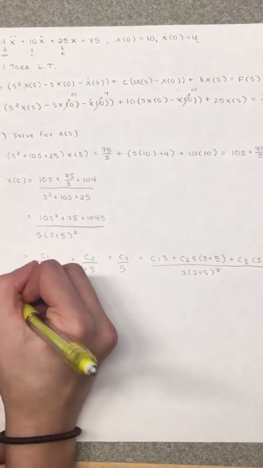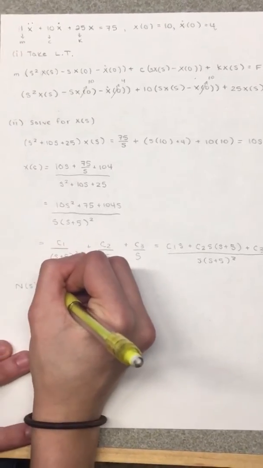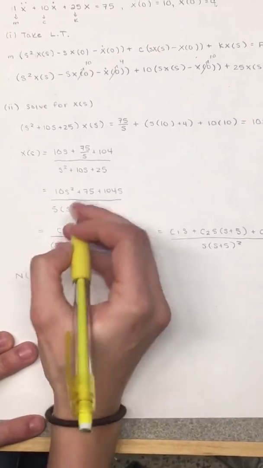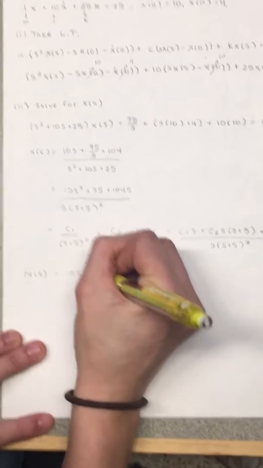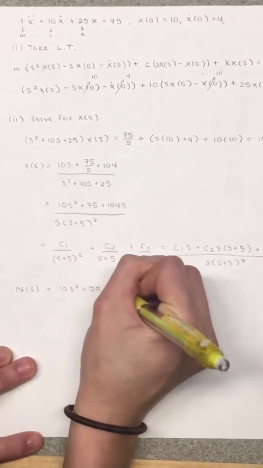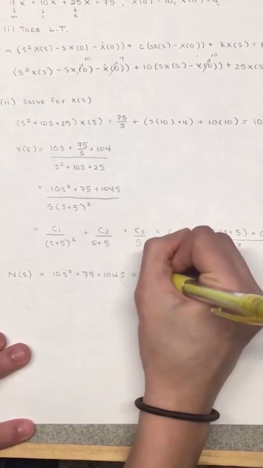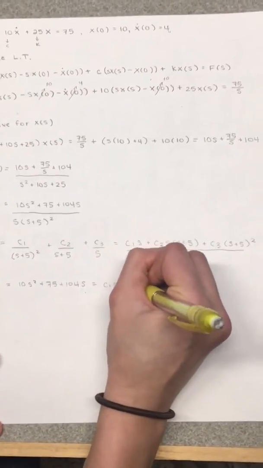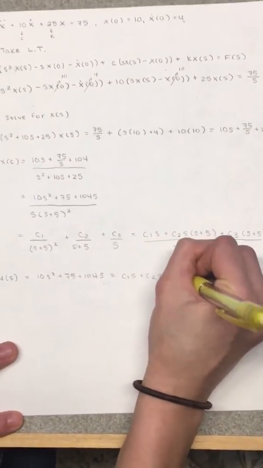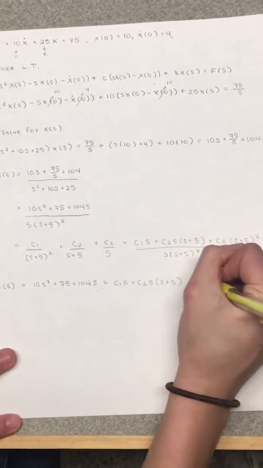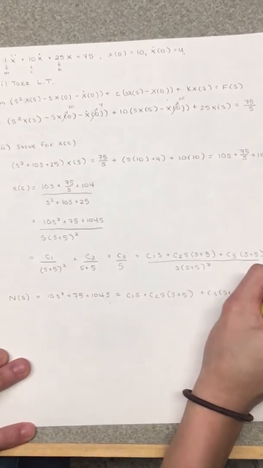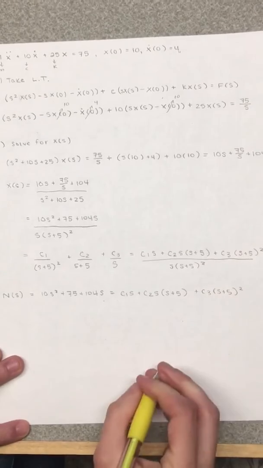So moving on to keep solving for our constants, the numerator 10s squared plus 104s plus 75 equals your numerator here, c1 s plus c2 s (s plus 5) plus c3 (s plus 5) squared.